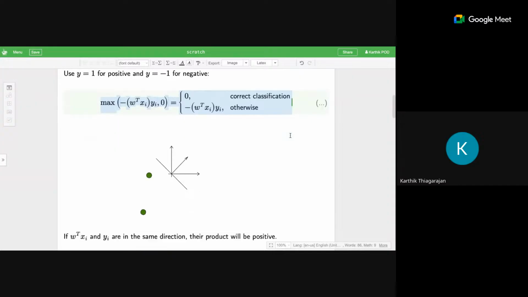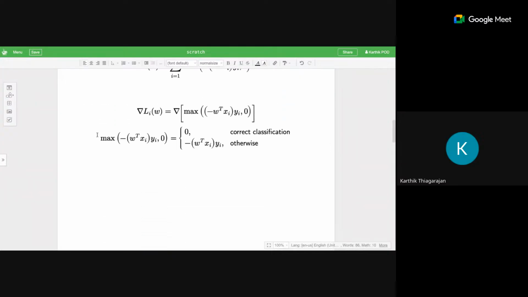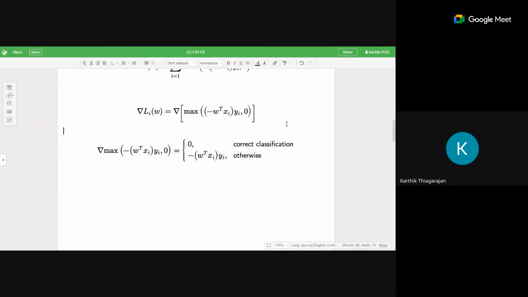If it's correct, then this function is 0 and the gradient is also 0. If it is a mistake, then the gradient will be what? W transpose xi, if you take the derivative with respect to W, you will be left with xi yi, with a minus sign. Okay, so this is the gradient.